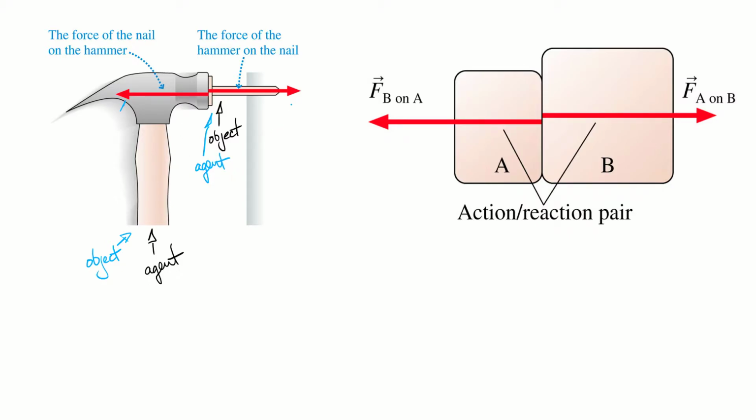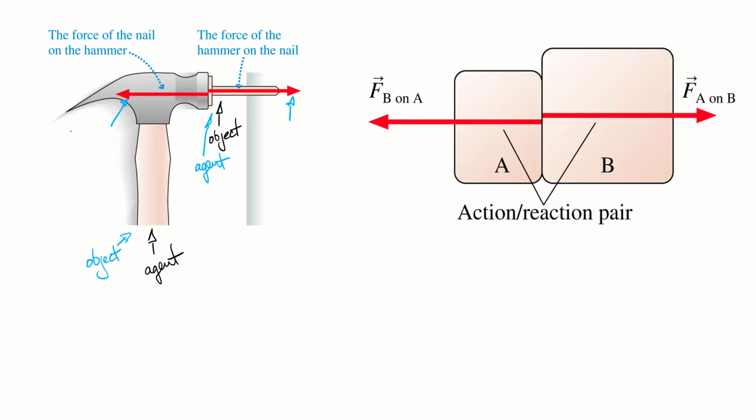And these two forces, the force the hammer is exerting on the nail, is going to be equal and opposite to the force the nail is exerting on the hammer. So depending on which object we're analyzing, you have this action-reaction pair where those forces are equal and in the opposite direction.